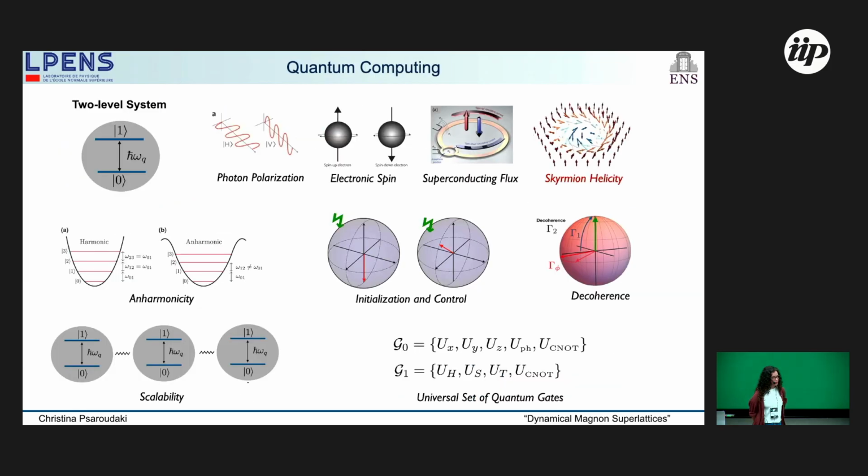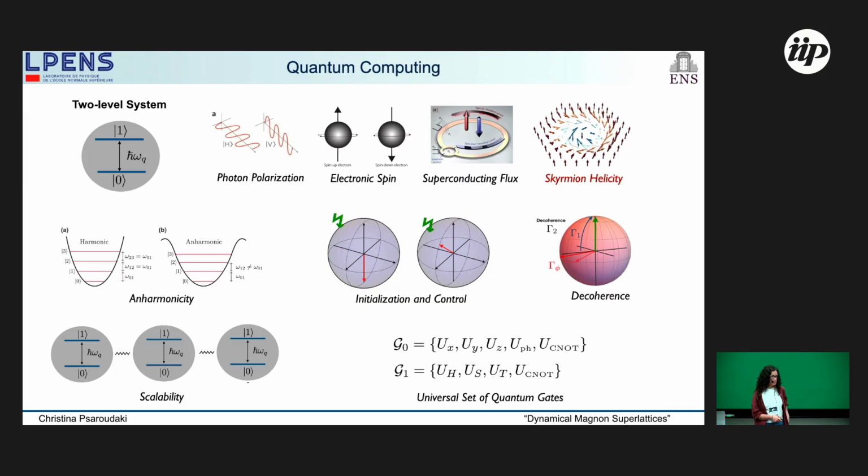Now, having a quantum degree of freedom gave me the idea that it might be related to quantum computing, where we have a quantum degree of freedom like a two-level system. And we could build something that is called a quantum computer. There are some physical systems that are naturally two-level, like photon polarization or the electronic spin.